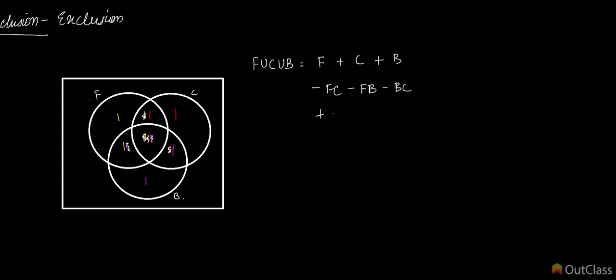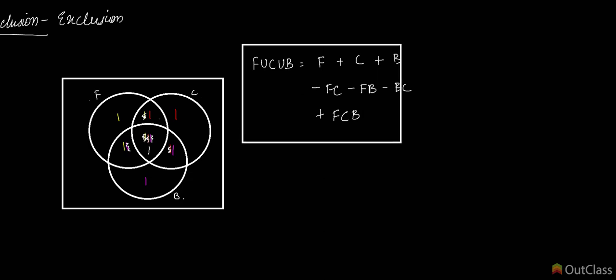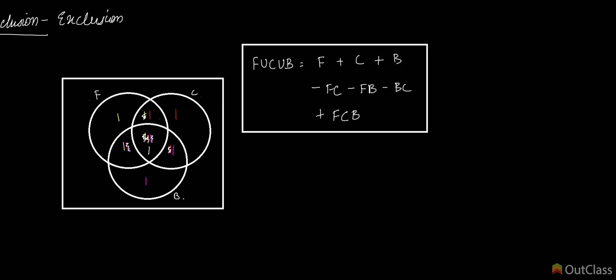And so we have to add back the F intersection C intersection B, and this basically ensures, once you do that, notice that all 7 segments inside the union, I'm not interested in the 8th segment outside the union, the 7 segments inside the union have been counted exactly once by the time we evaluate this expression. And that is all we're trying to do. Except for the part outside the union, the other 7 segments should be counted exactly once.